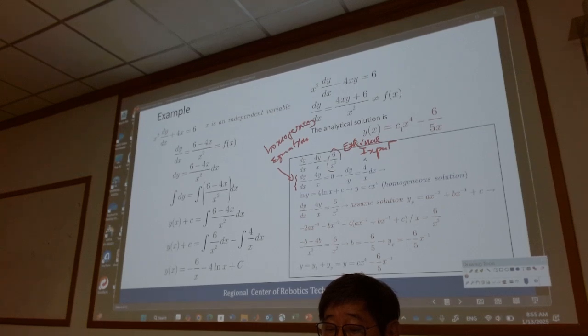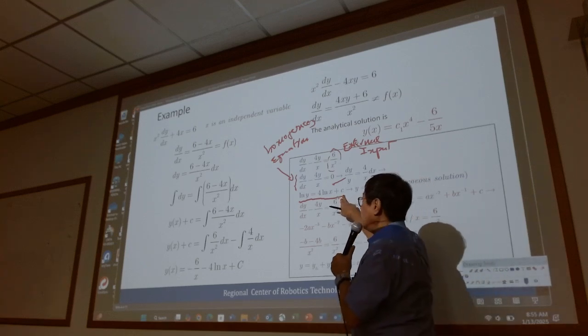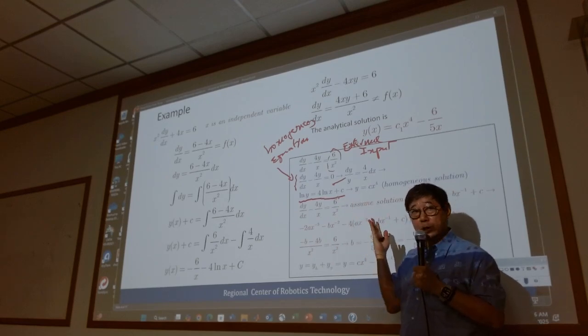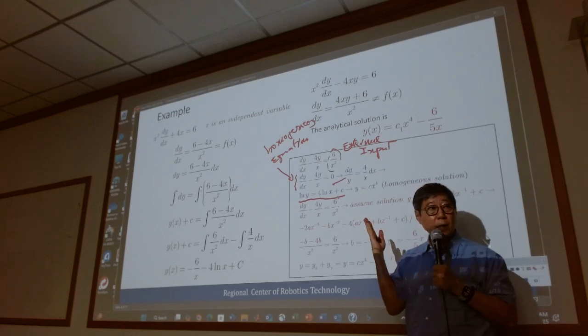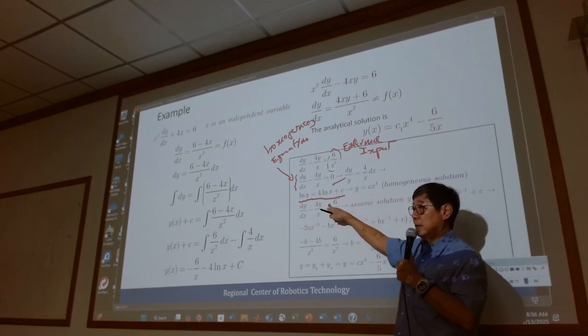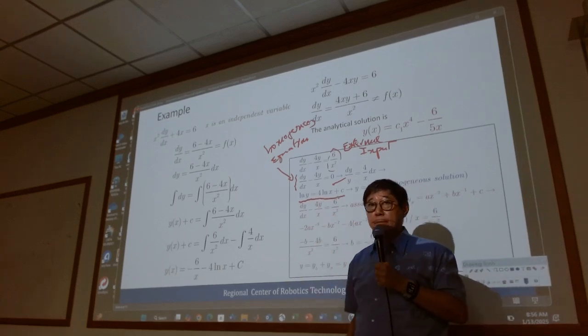Actually this has to be log x plus c, very easy to integrate, right? Plus c because of some constant, we have to find this constant from the initial condition.